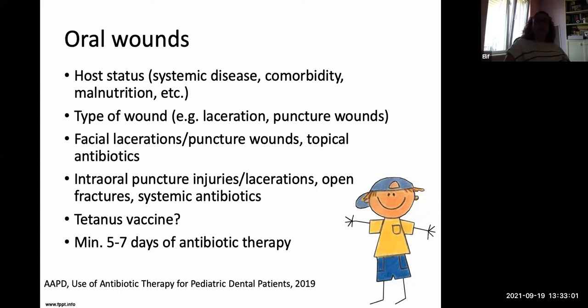Also, tetanus vaccine status should be questioned and it should be administered, of course. And a minimum of 5 to 7 days of antibiotic therapy is needed for the treatment of this condition.